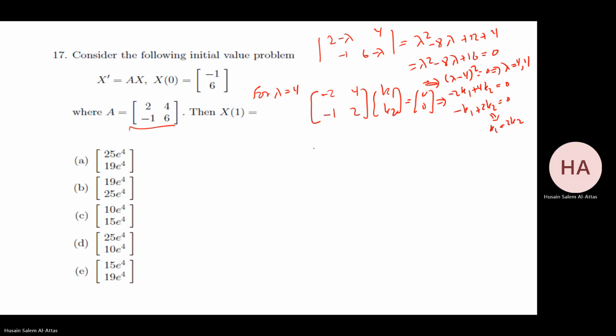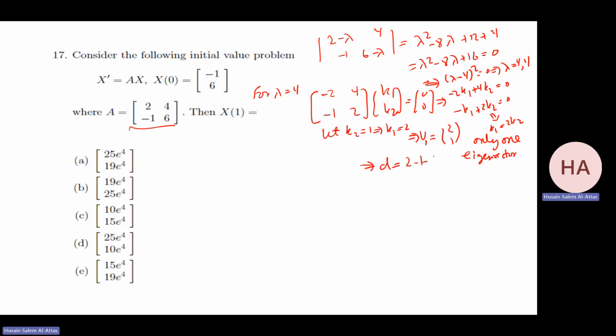So I get k2 equal 1, k1 equal to 2, so my v1 will be (2, 1). Only one eigenvector. So d, which is the defect, will be 2 minus 1, which is 1. So this is the defective eigenvalue.